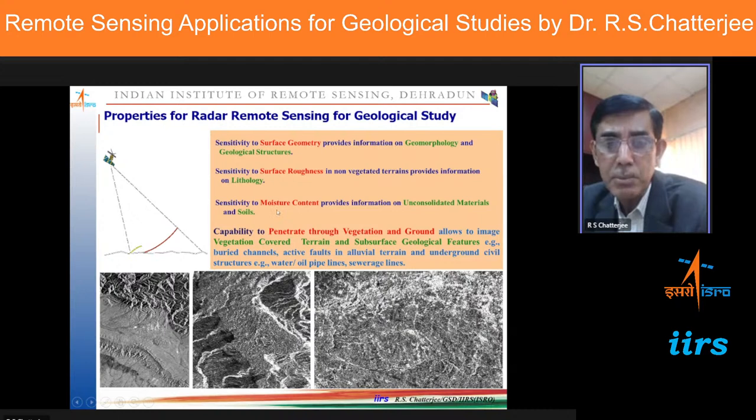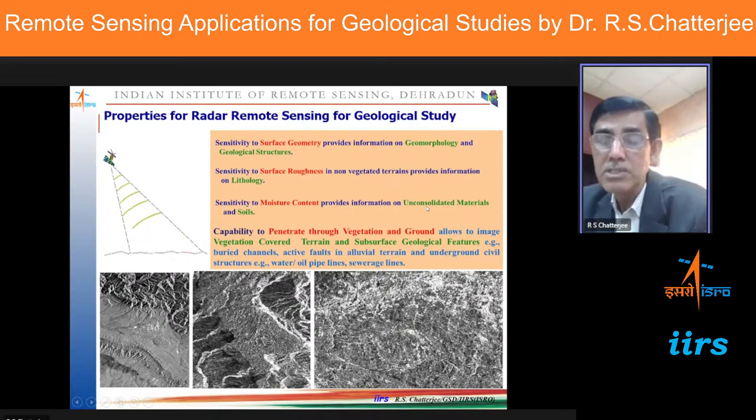So using this dielectric property of the material and its sensitivity in the radar image, we can have meaningful information about the unconsolidated materials, soils, hydrated rocks and materials, altered rocks. For example, gossans in case of mineral deposits, sulfide deposits, isn't it? So those kinds of areas can be demarcated from the compact rocks.